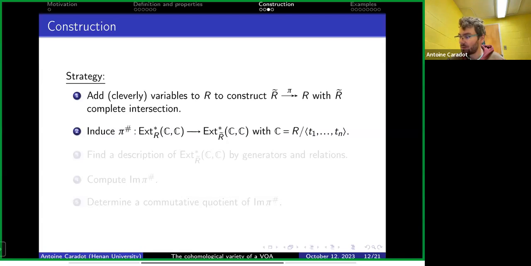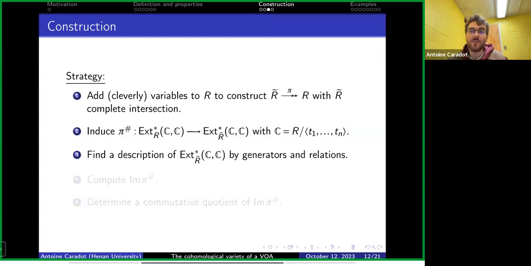So we see the complex field as this trivial R module, and it's also an R tilde module through the morphism pi. Then, because R tilde is a complete intersection ring by construction, based on the previous slide, we know how to find an explicit description of this Yoneda algebra by generator and relations. So then you can find this description.